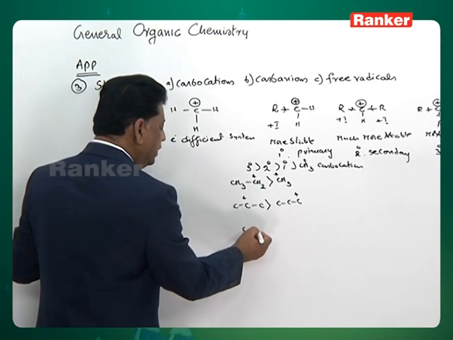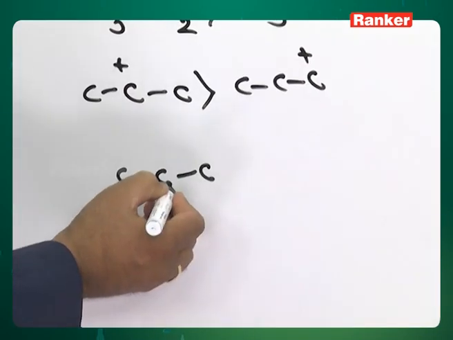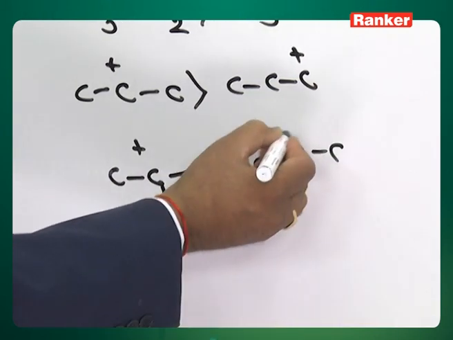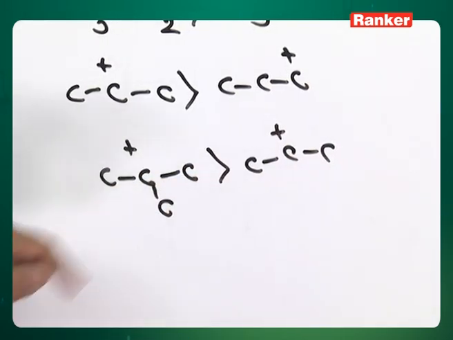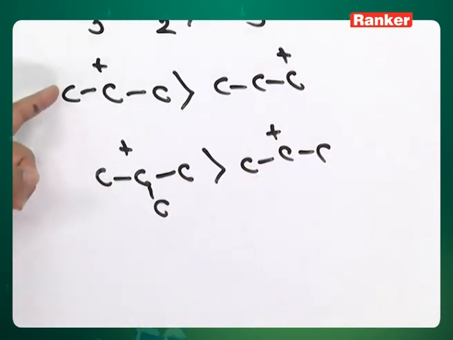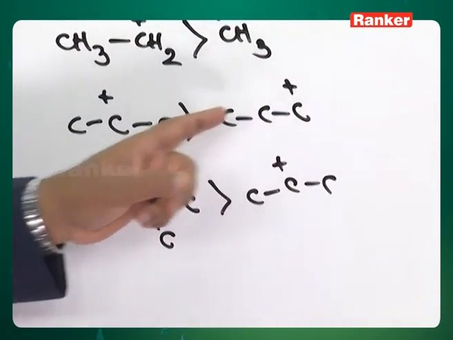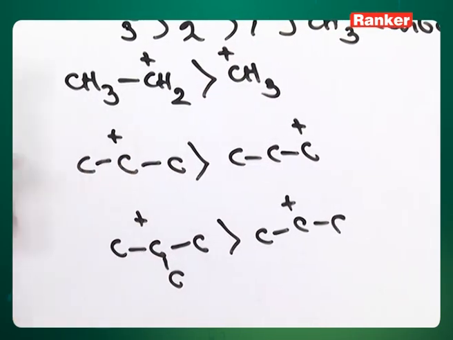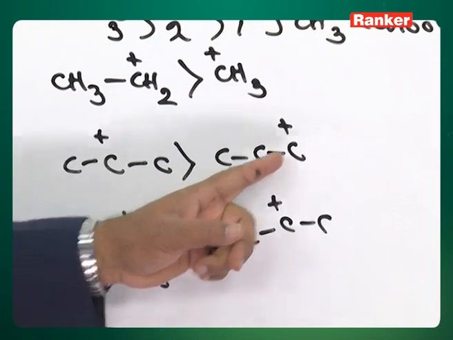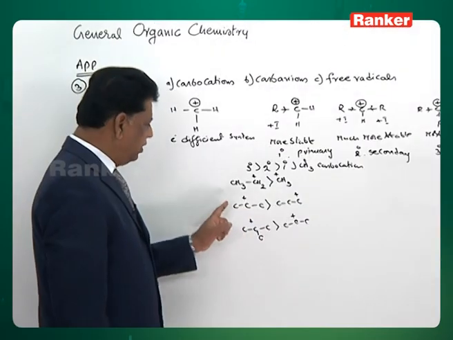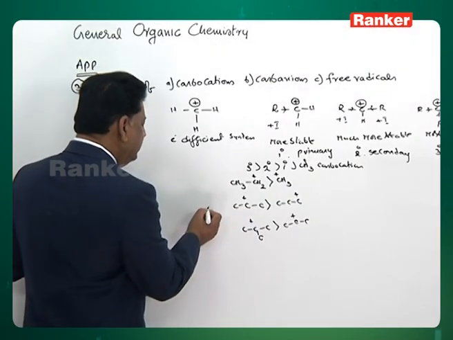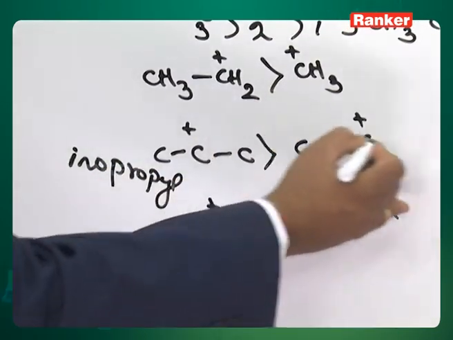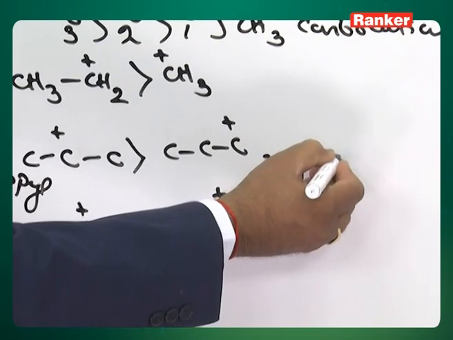And tertiary butyl is much more stable than the isopropyl, because here 3 alkyl groups are there, there only 2 alkyl. Here the number of carbons in the total system is 3. Again, this was already discussed in the amines. 2 directly supporting, here 1 directly, 1 indirectly. Therefore isopropyl is more stable than the N-propyl.